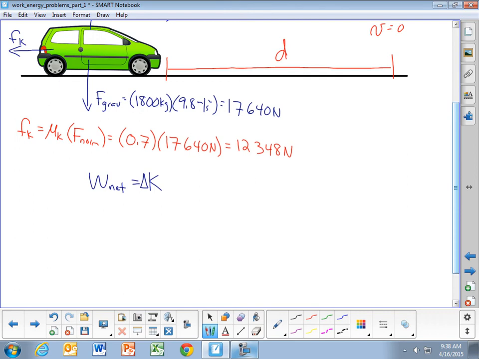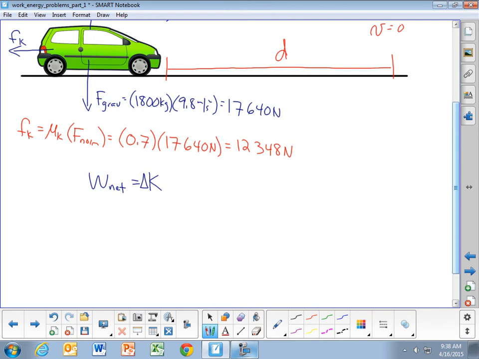In this case, we have three forces acting. We have the force of gravity. The force of gravity does 0 work because there's no component of the force of gravity parallel to the motion of the object. We have the normal force. The normal force does 0 work because the normal force is perpendicular to the motion. There's no component of the normal force parallel to the motion of the object.